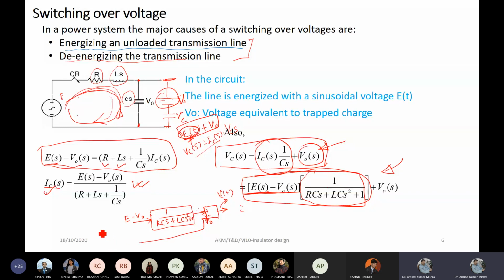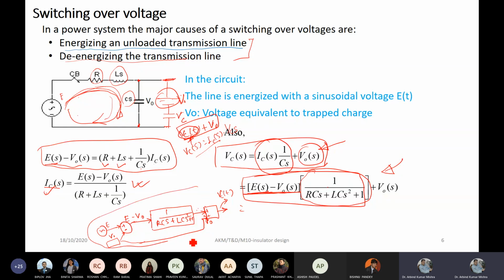So if I put a source here, E is a sinusoidal wave, and this we can realize as a step wave. Then we have E, this is V naught, and this V naught has to go here also, so I put this as a plus and this as a minus, then here we can get E minus V naught.